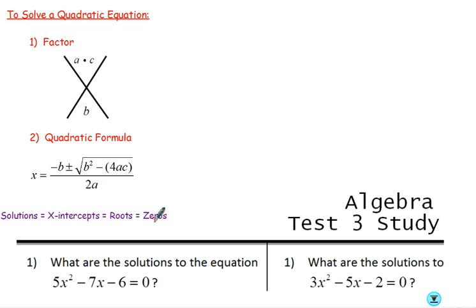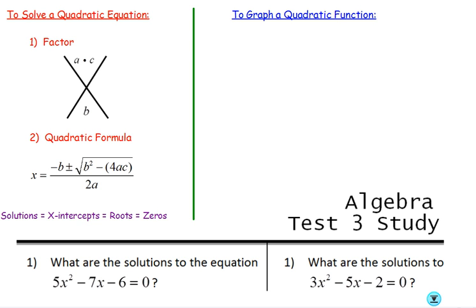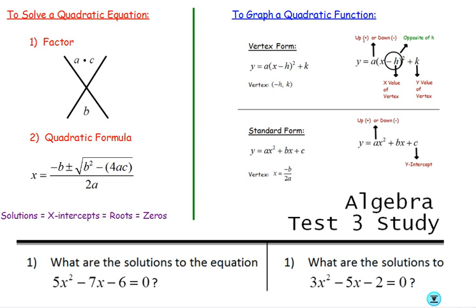Now the other theme of this test is to graph quadratic equations or quadratic functions. And we're really going to do that in two different ways. The first way is that we'll see some that are in vertex form, and vertex form just refers to a form in which we can look at it and know what the x and y of the vertex is, and therefore make a sketch of the graph from there.